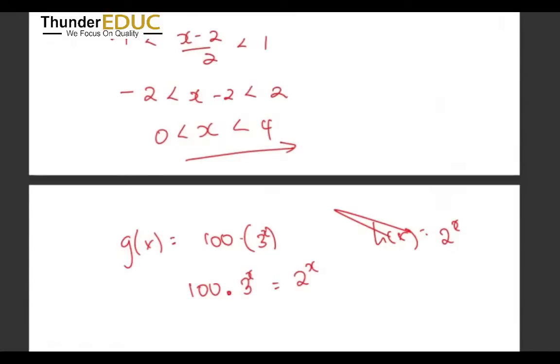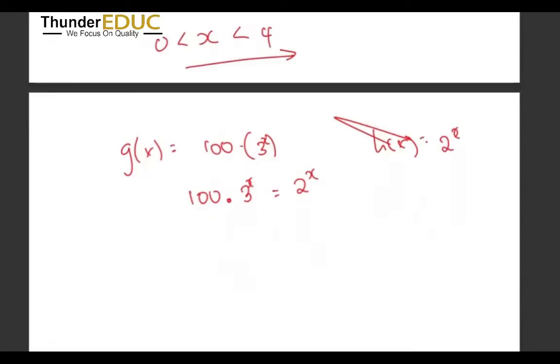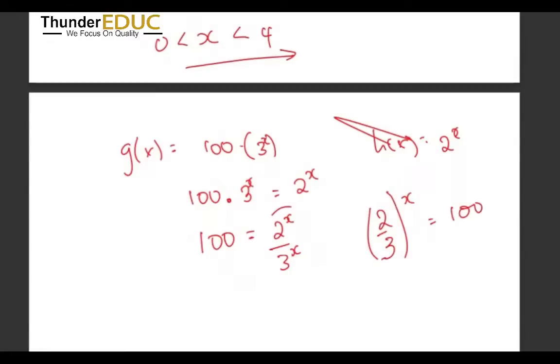So what we can do, divide both sides by 3 to the x, so that x is on one side and then the 100 is also left on the other side. So 100 is equal to 2 to the x over 3 to the x. Let's create one exponent. So 2 over 3 to the x is equal to 100. Let's use the logs. So this is a base.